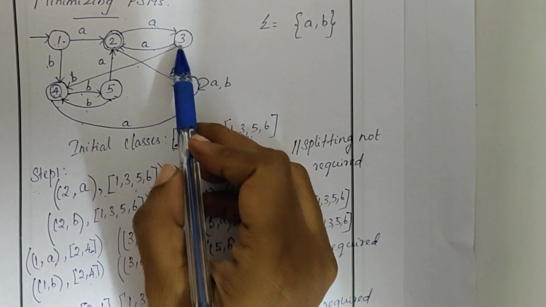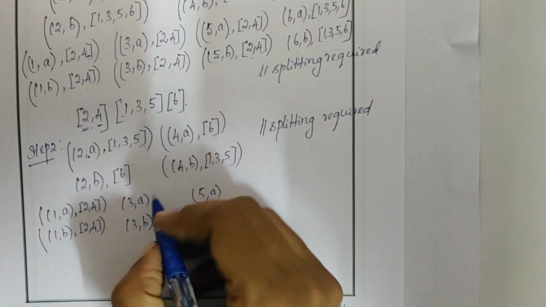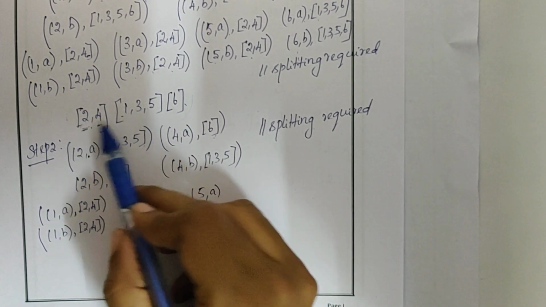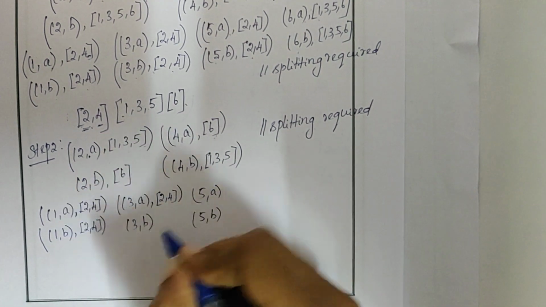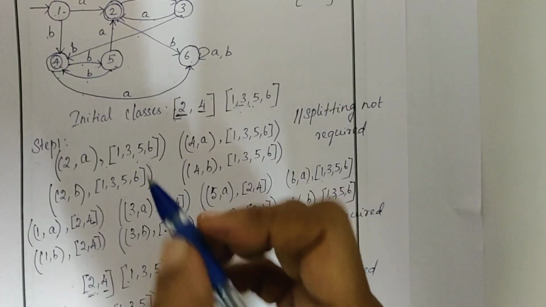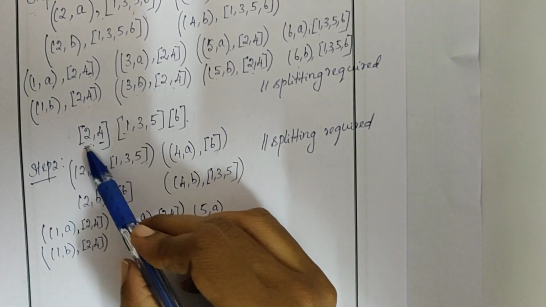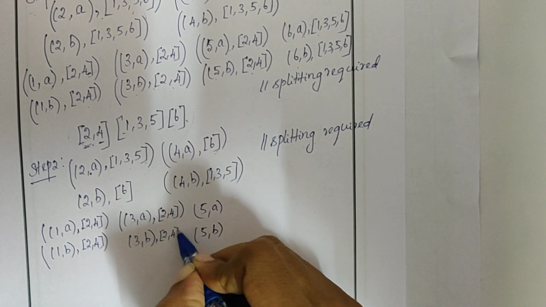Correct? Next 3. 3 is taking A input and moving to 2. Right? So where do I have my class? Here, 2 comma 4. Next 3B. 3 is taking B input and going to 4. 4 is in which class? 2 comma 4.